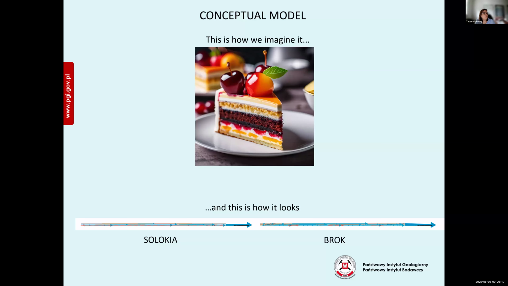From this example, we can conclude that the most important factors are the type and geological structure of the catchment, and the spatial arrangement of the formations that make up the active groundwater exchange zone.